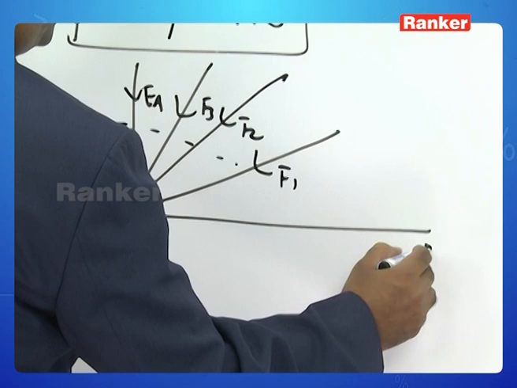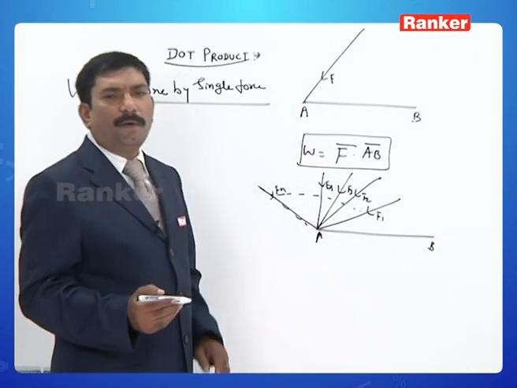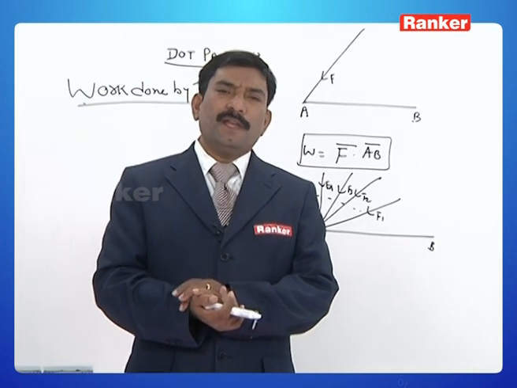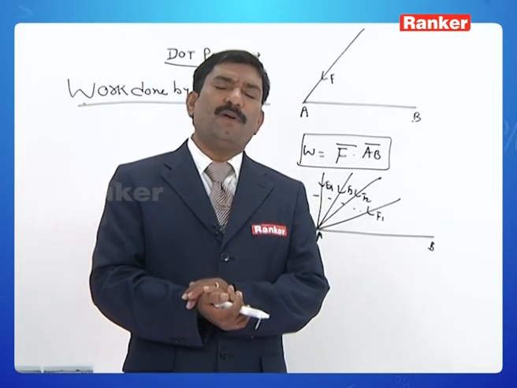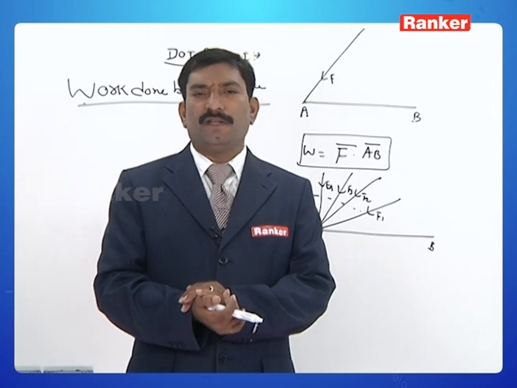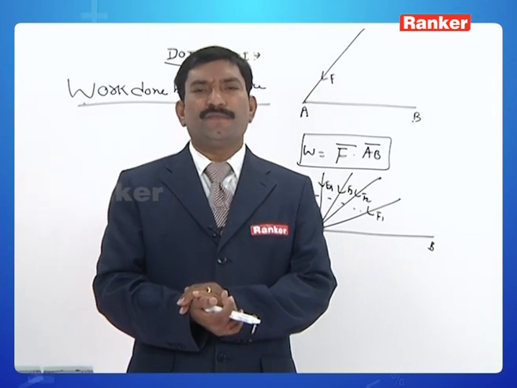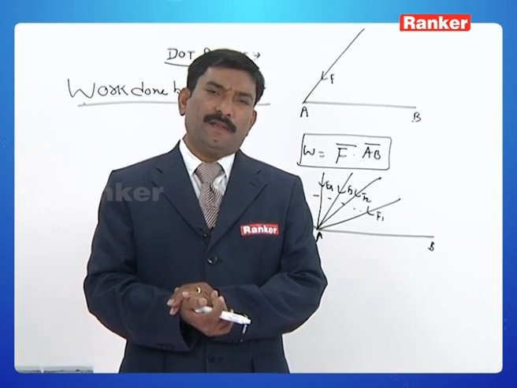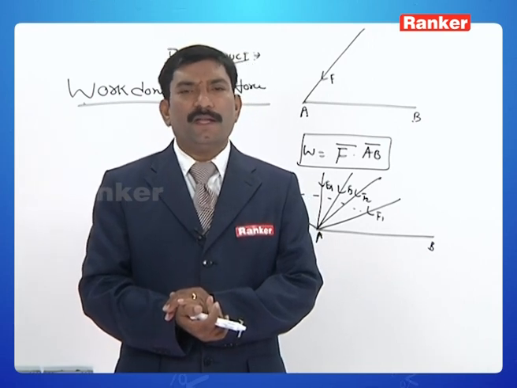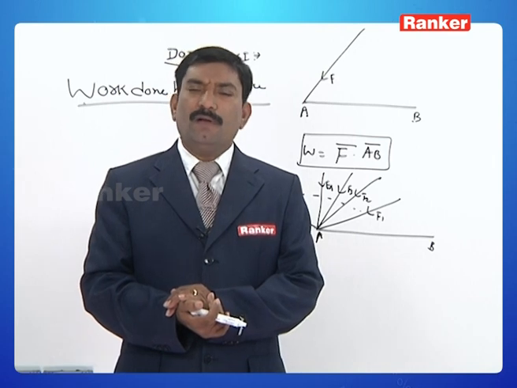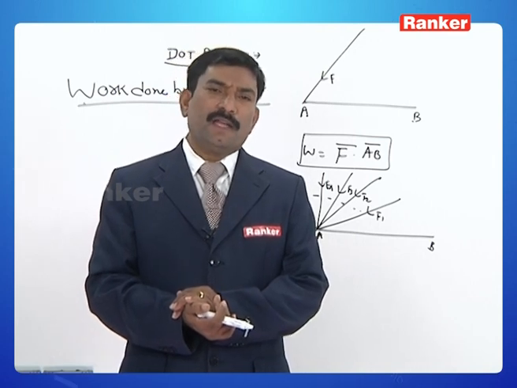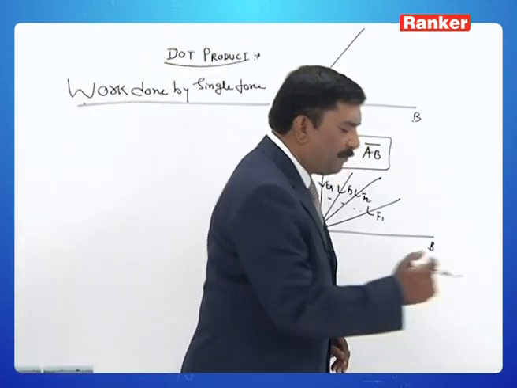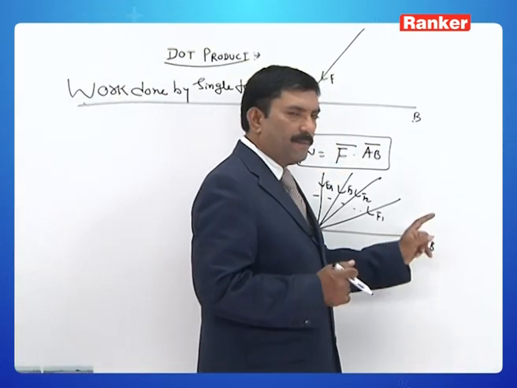All the forces are acting at a point A, then the net resultant force will be formed at the point A. When the particle is at A, and all the forces are acting at A, then the particle is displaced to the point B.